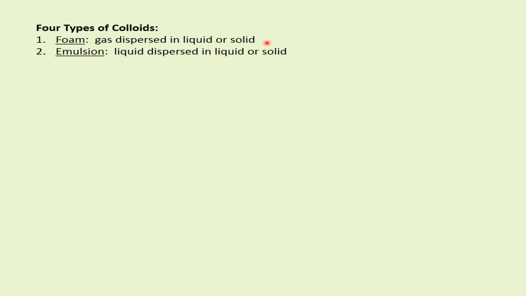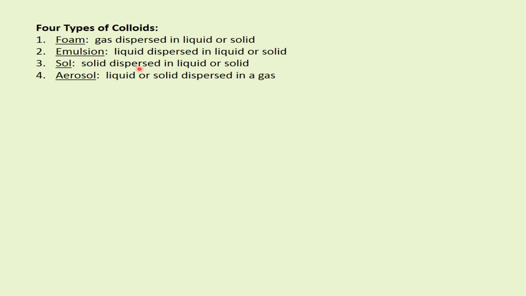Another type of colloid is an emulsion, in which a liquid is dispersed in a liquid or solid. A third type is called a sol, in which a solid is dispersed in a liquid or solid. And the fourth type is different than the previous, called an aerosol, in which a liquid or solid is dispersed in a gas. Well, pictures and examples will help here.